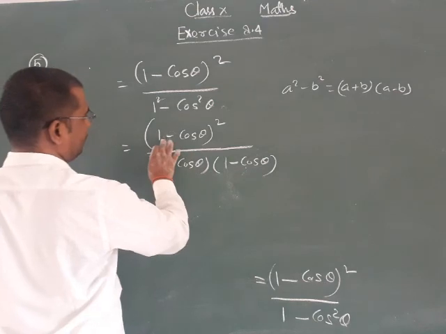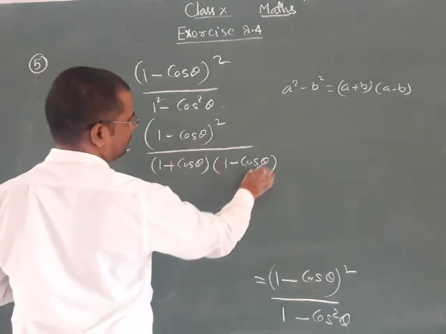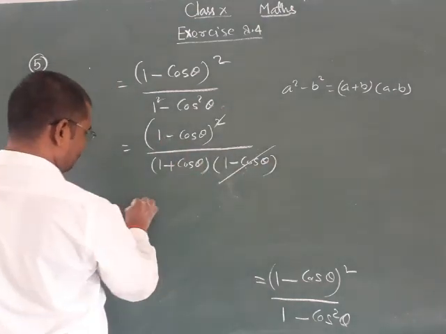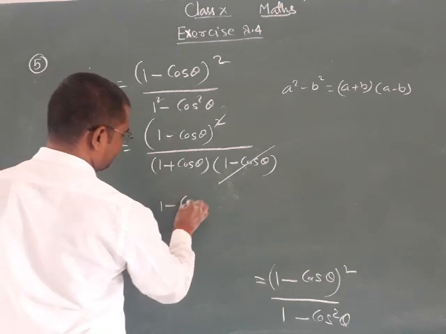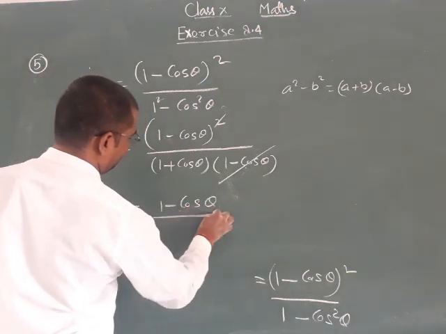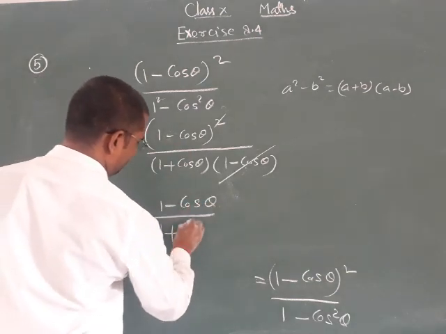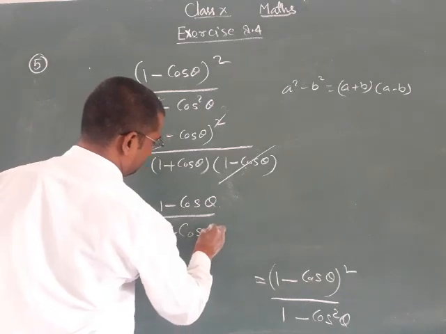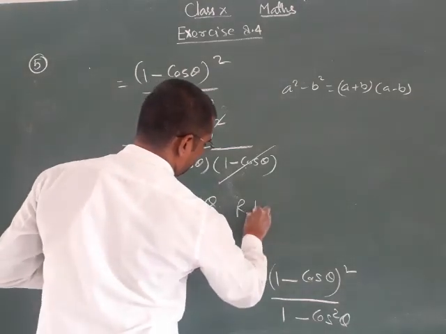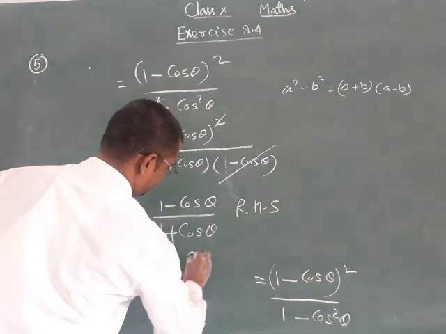So 1 minus cos theta, 1 minus cos theta, so the power cancels out. So remaining 1 minus cos theta upon 1 plus cos theta. This is the right hand side, hence proved.